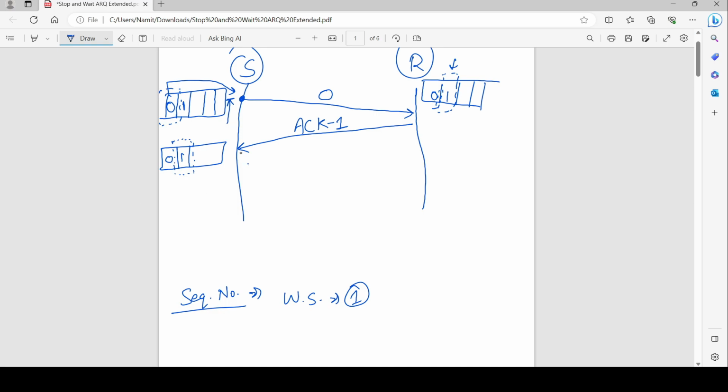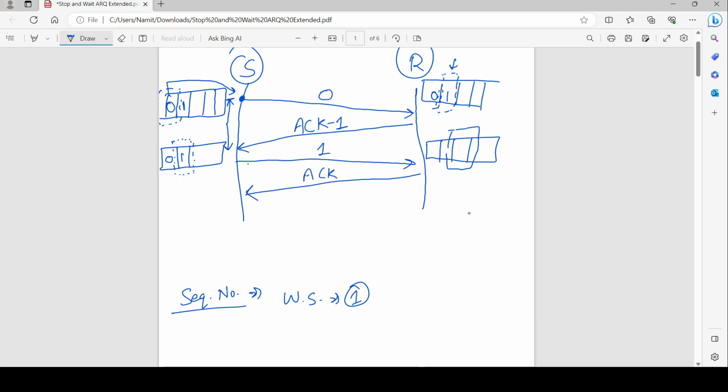Cool. Now again, it sends 1. The moment the receiver receives that data, it would shift its window, at this point, and it would send the acknowledgement.